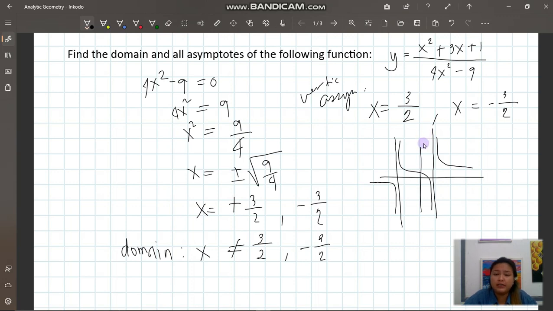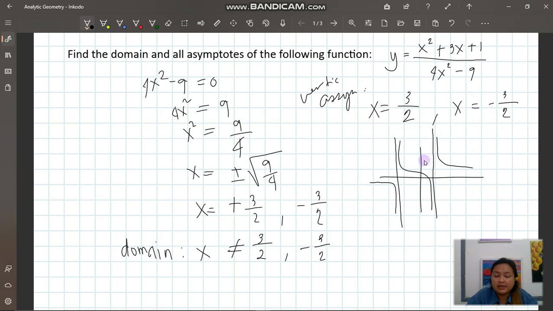But if we only need to determine the domain and the equation of the asymptote, it is as simple as identifying the zeros of the denominator of the function, which gives us the values of x to avoid. So the domain is any value of x except 3 halves and negative 3 halves.